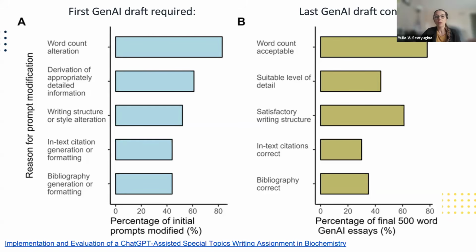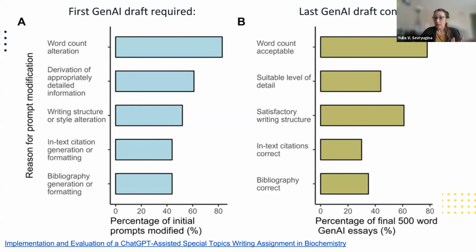For word count, because the essay had to be, I think, 1,000 words, they somewhat struggled with that and had to modify prompts a lot because it's a probabilistic tool and it's never exactly 1,000 words. But at the end, in these olive color bars, you can see how successful it was. And basically 80% of students were pretty happy in achieving the required word count.